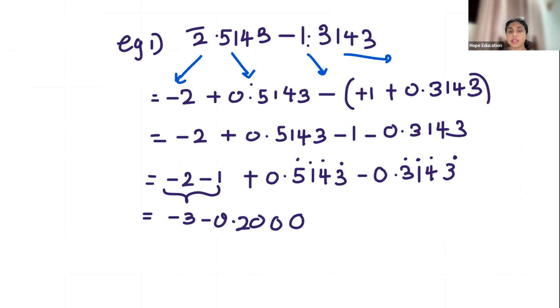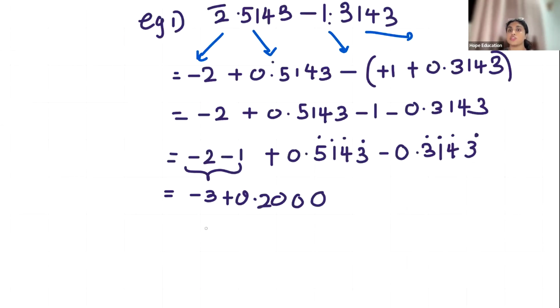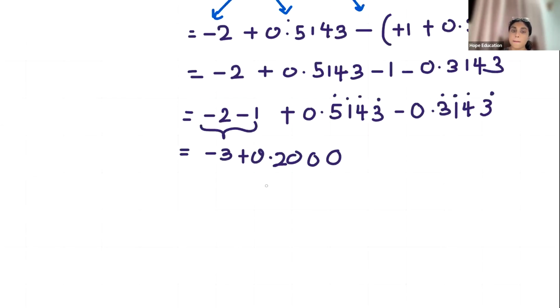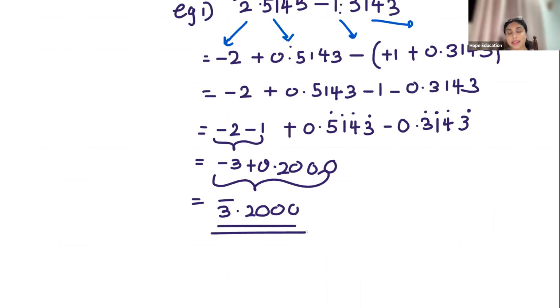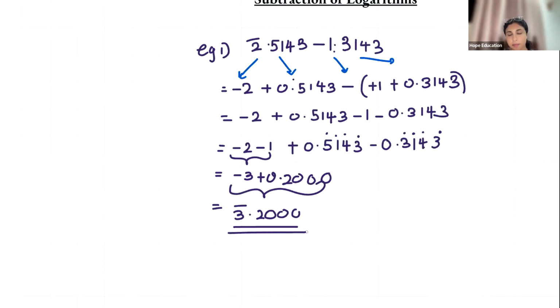So I have minus 3 plus 0.2000. When I combine, I can write bar 3.2000. Is this clear to all of you? I made a pattern, so I am going step by step. I hope it's clear. Okay.